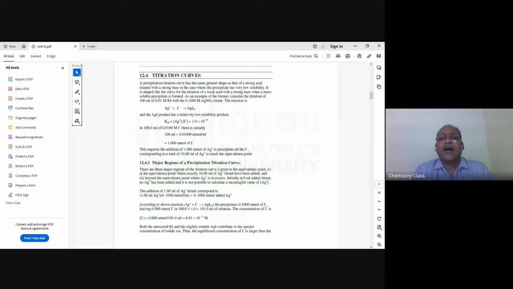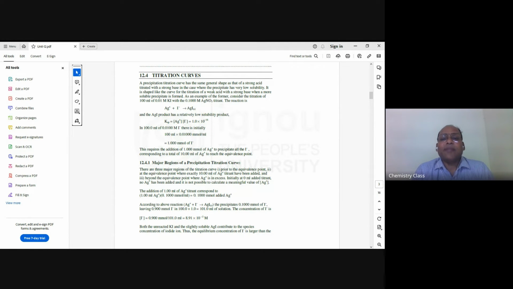In the case where the precipitate has very low solubility, it is shaped like the curve for the titration of a weak acid with a strong base. So these two things are there: strong acid with a strong base initially, and after that weak acid and a strong base when a more soluble precipitate is formed.